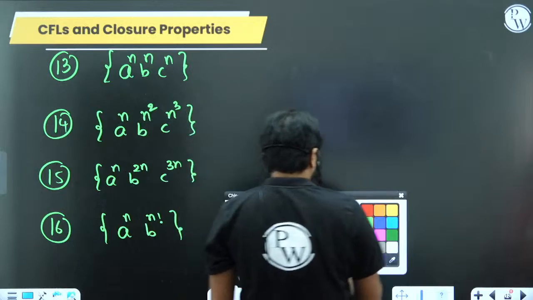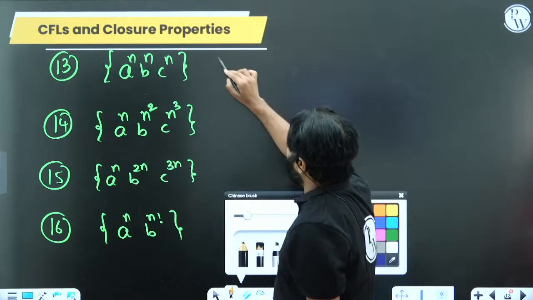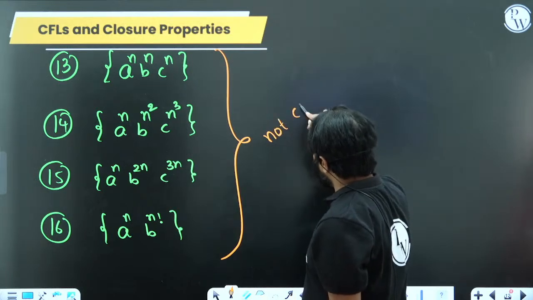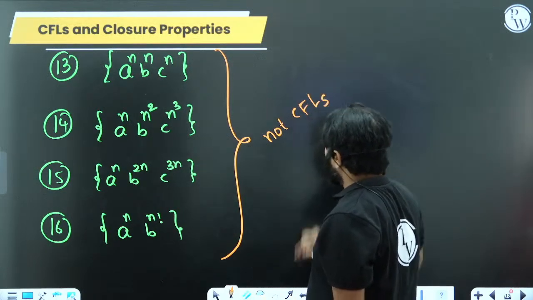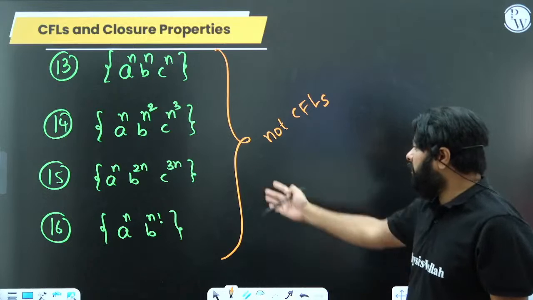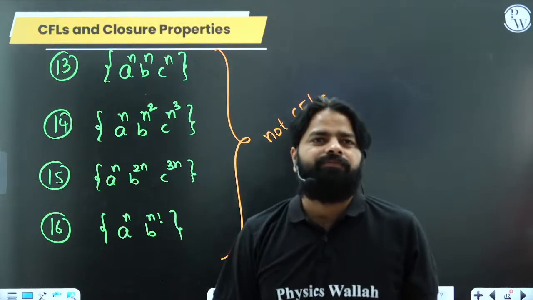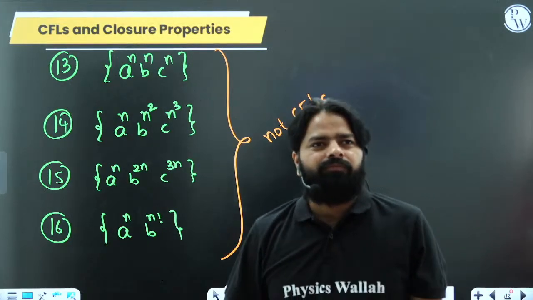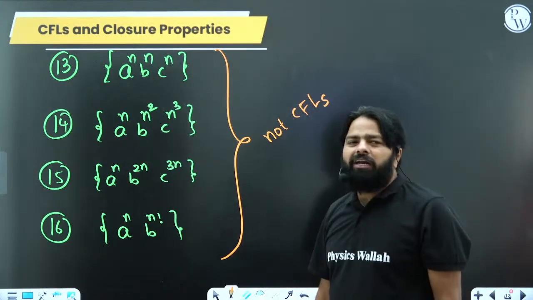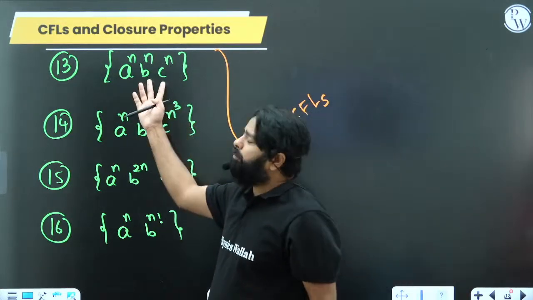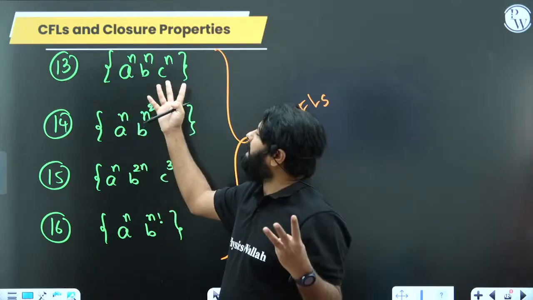All these languages are impossible with the help of a stack. They're all not CFLs. If they're not CFLs, they're definitely not regular and not DCFLs. They're context sensitive, true. Why are they not CFL? Because one stack cannot compare three symbols at a time.